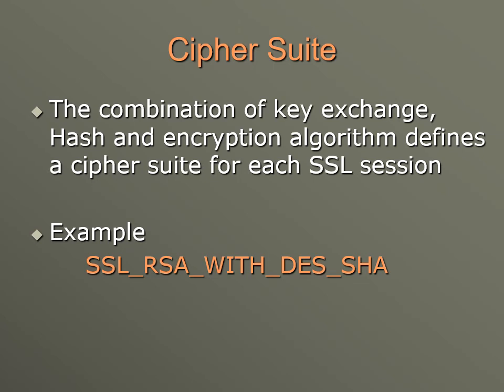Only then is it possible to decrypt the message successfully. So which algorithm is to be used must be decided beforehand, before starting the communication. And the set of algorithms which are negotiated between the client and server is called the cipher suite. The cipher suite has to be negotiated between both parties before starting the communication.